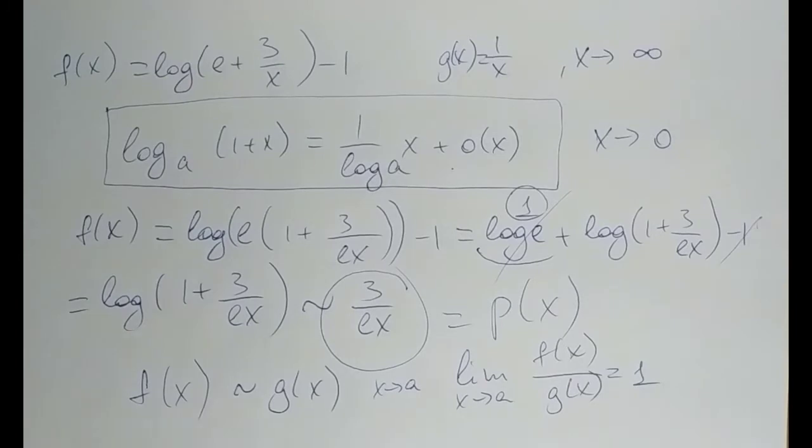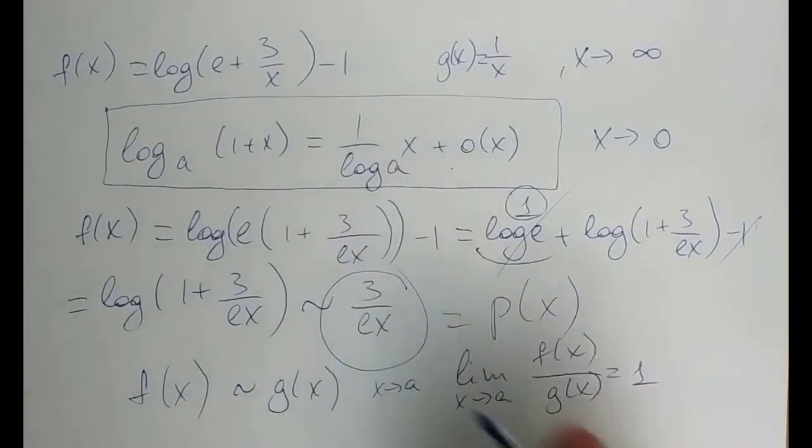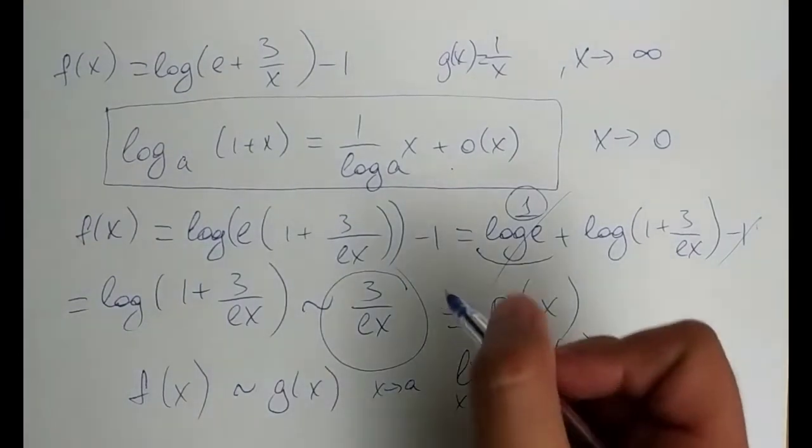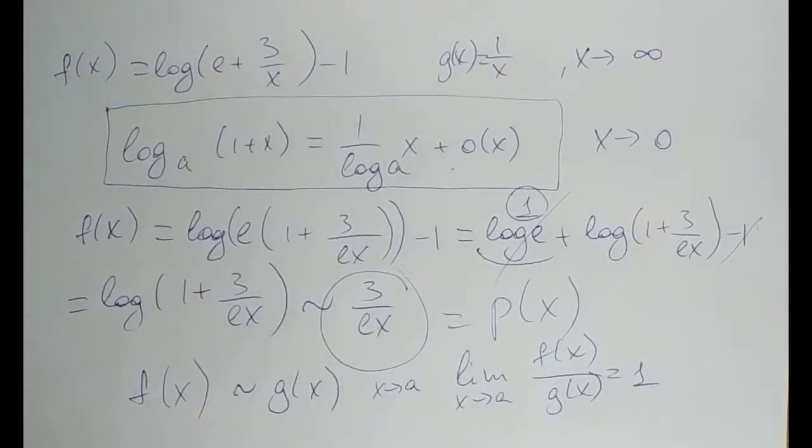Since they are equivalent, the ratio is 1, and it means this function is our principal part of f of x.